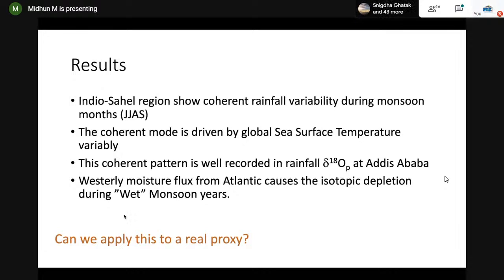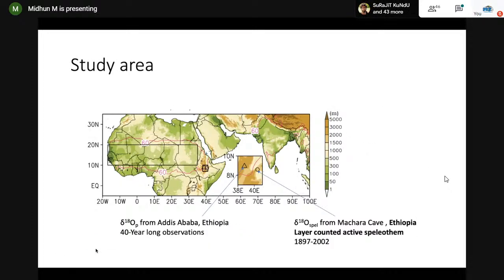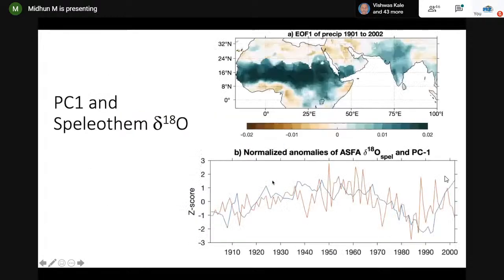So the next question is, can we apply this to a real proxy? For that, I took a published delta 18 record from Achere Cave, Ethiopia, which is very close to Addis Ababa, around 100 or 150 kilometers away.